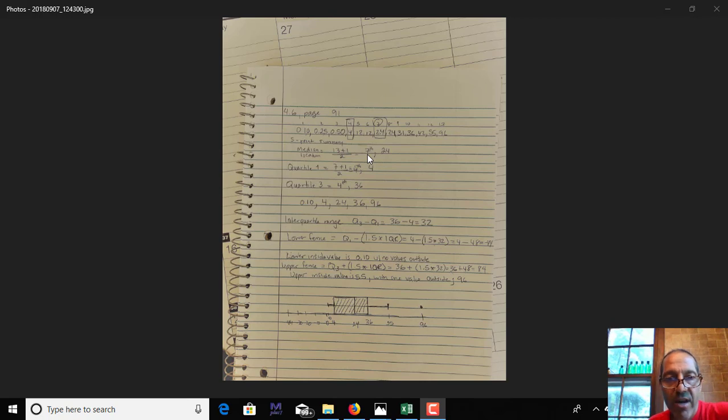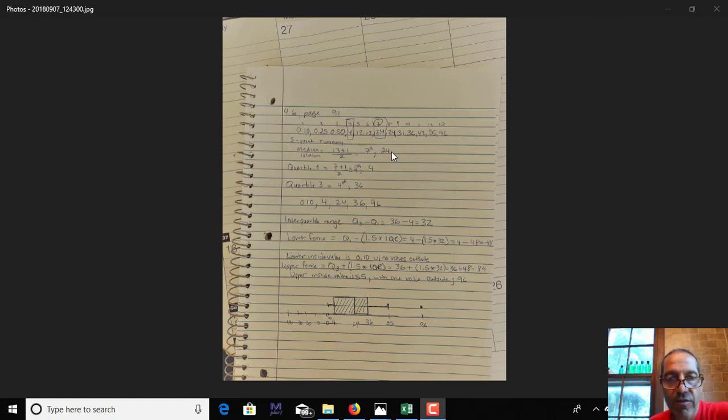So this is where the median is located. It's the 7th value in this ordered array from smallest to largest: 1, 2, 3, 4, 5, 6, 7. The value is 24 in this ordered array.